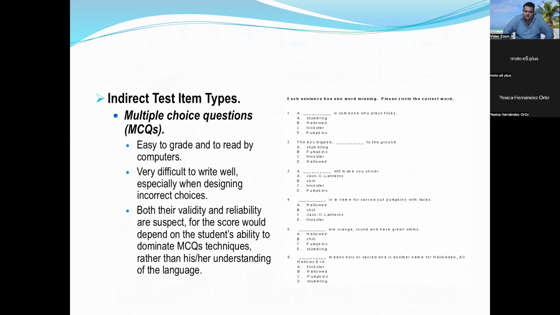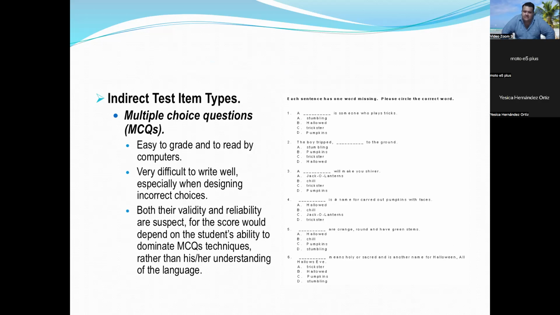And number 3, both their validity and reliability depend on the student's ability to pick up techniques rather than his or her understanding of the language.